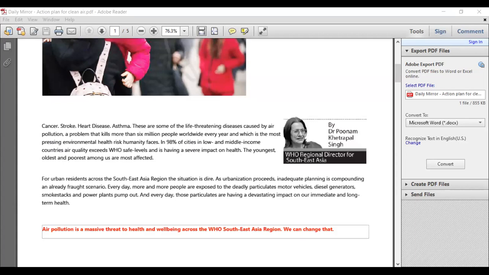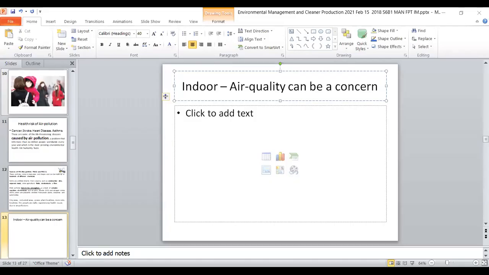But indoors, air quality can also be a concern. Okay. So in the same way, indoor air quality can be a concern.